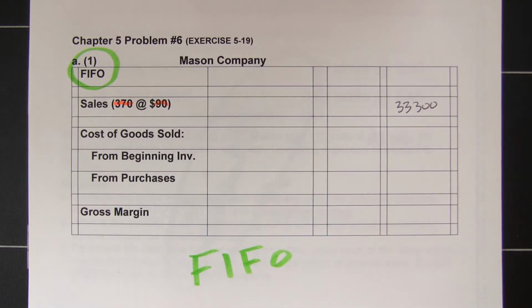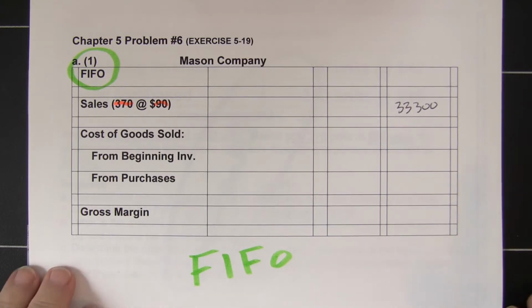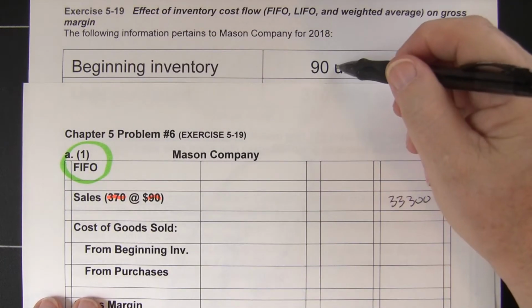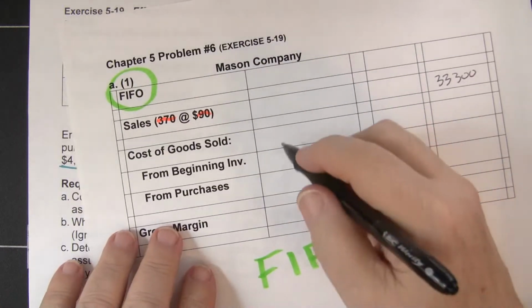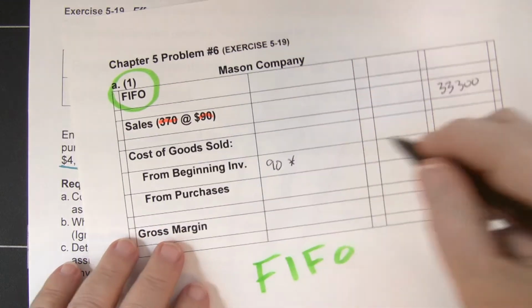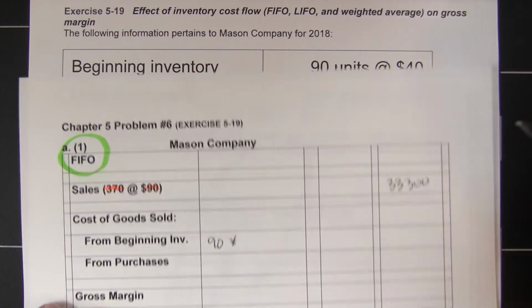FIFO, first in, first out. So we're selling the oldest ones first. So we've sold all of the beginning ones. So we sold all 90 of those. So that's 90 units at $40 each.